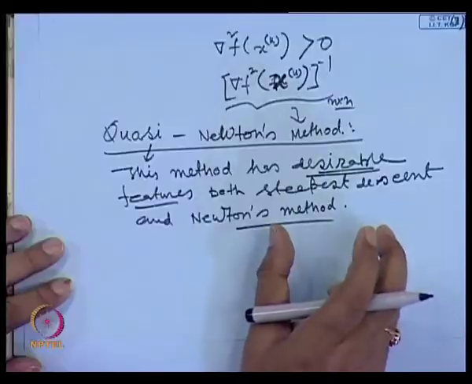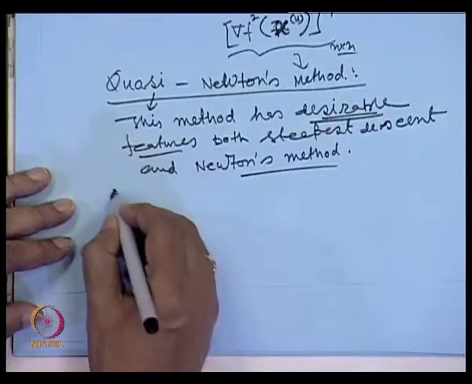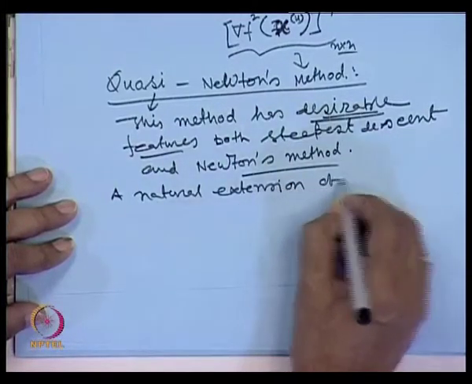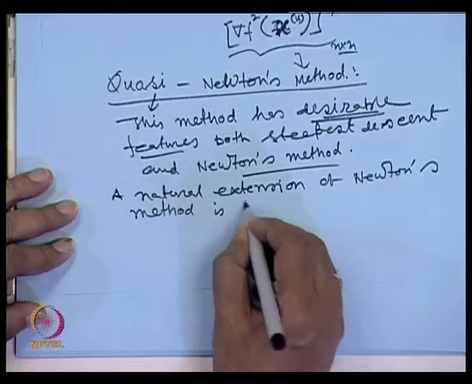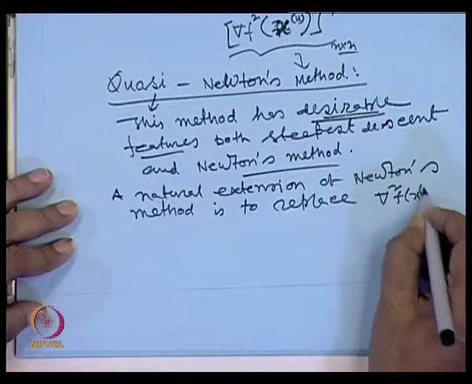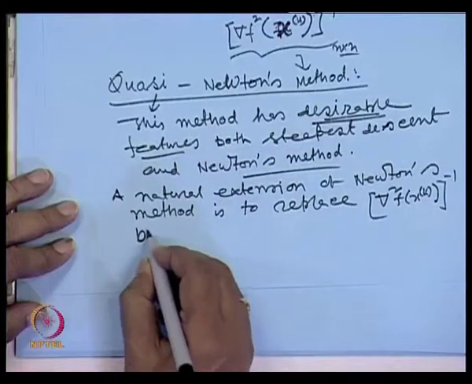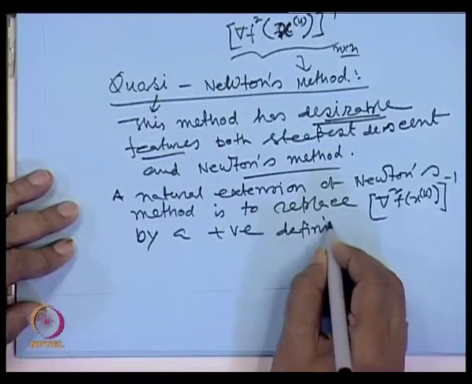A natural extension of the Newton-Raphson method is to replace the inversion of the Hessian matrix at the kth iteration by a positive definite matrix.